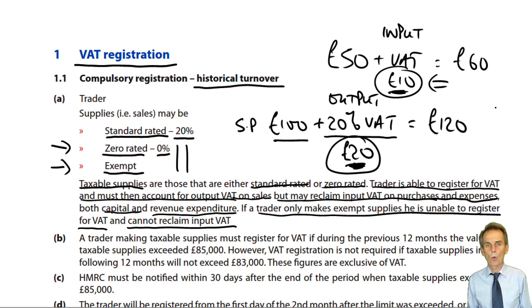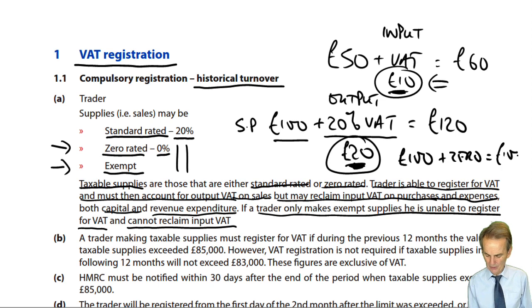If, of course, what we had done was to make a sale that was zero rated, then our selling price now would be £100 plus 0 equals the self-same £100.